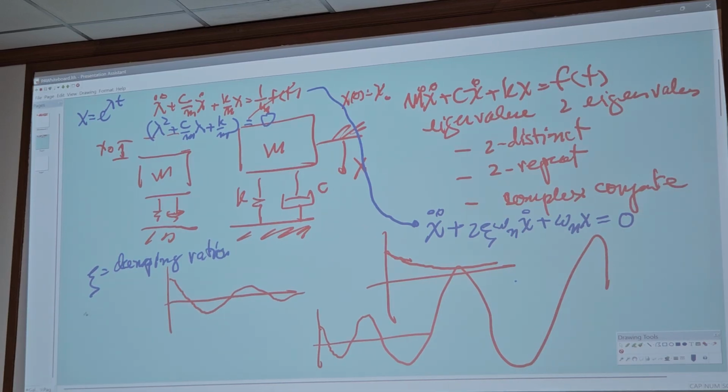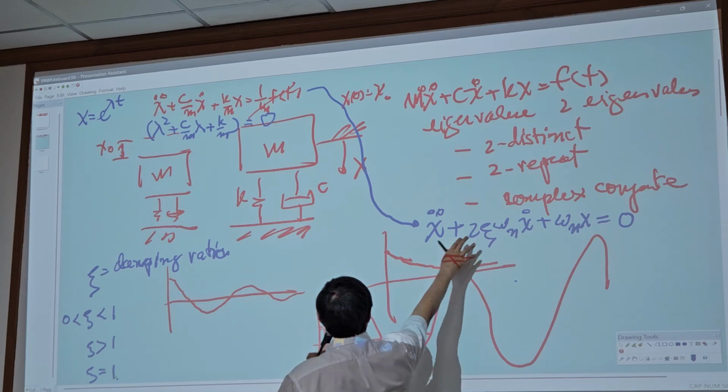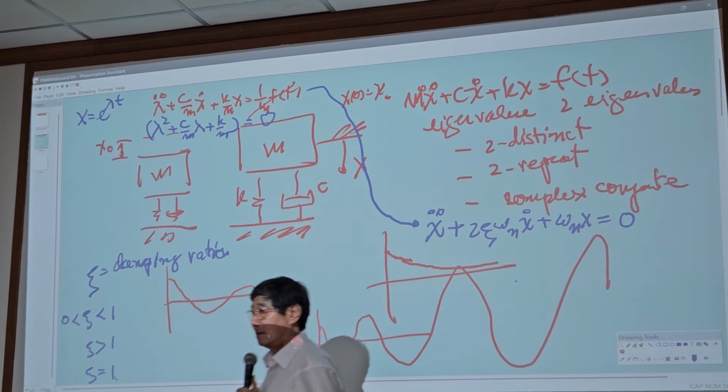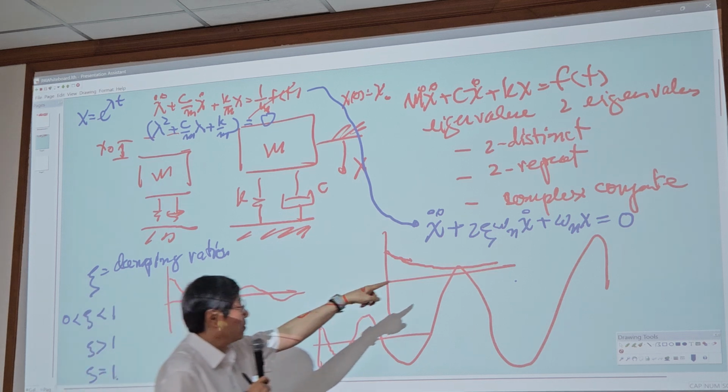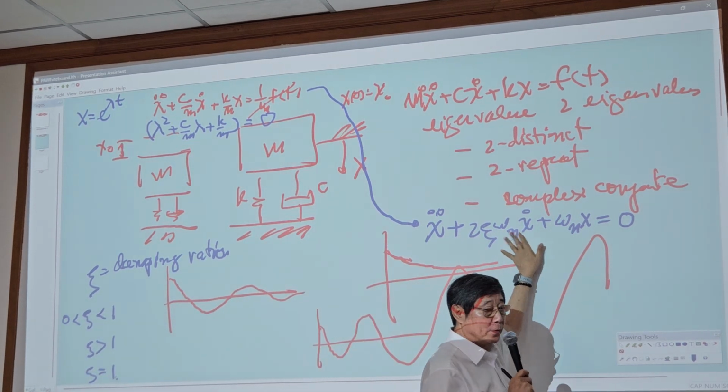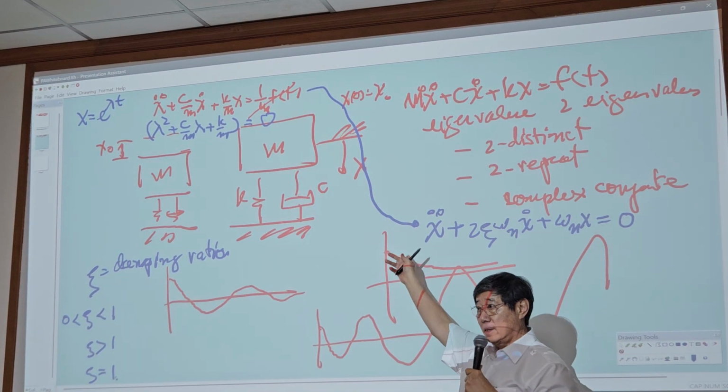If this one is less than 1, greater than 0, or greater than 1. Similarly, you can find the roots.